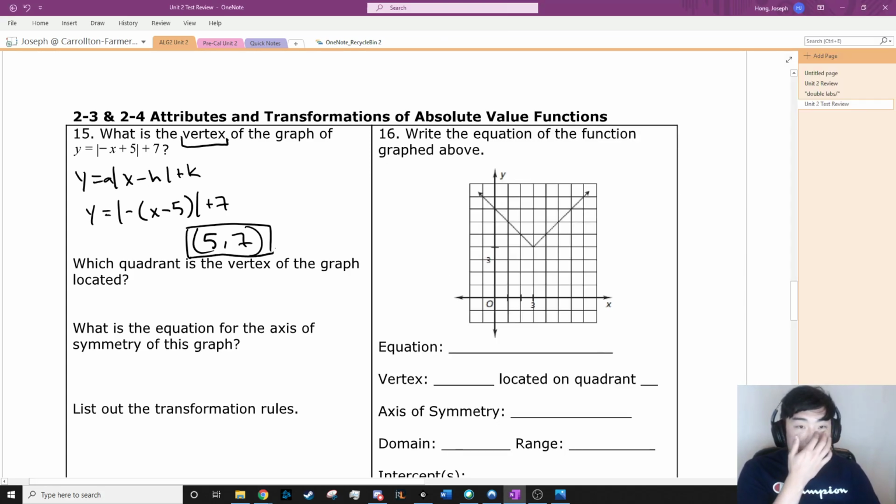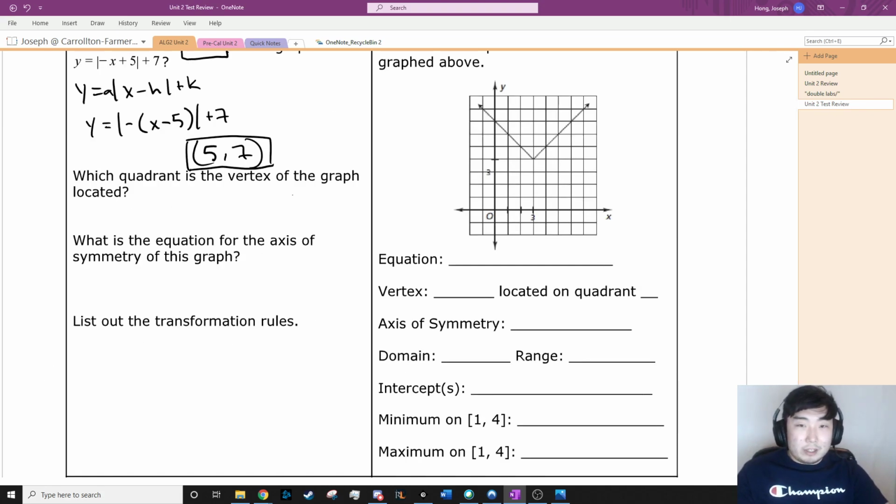Which quadrant is the vertex of the graph located in? If I draw a miniature one, this is 1, 2, 3, and 4. So my vertex is here-ish, right? So it has to be quadrant 1.